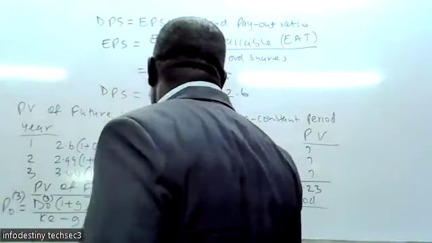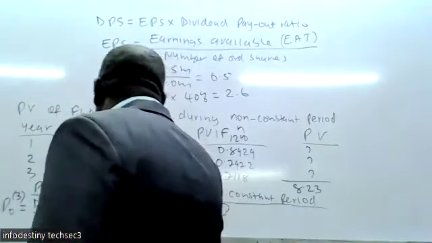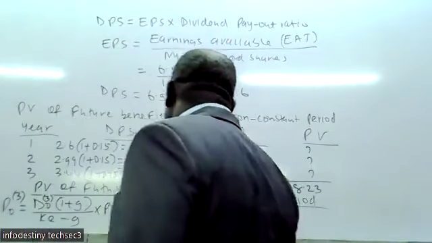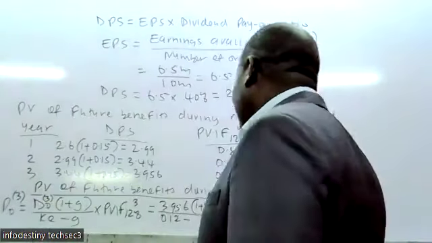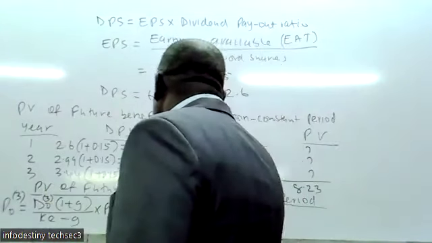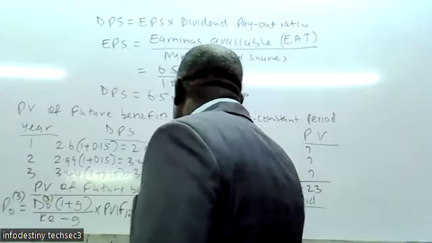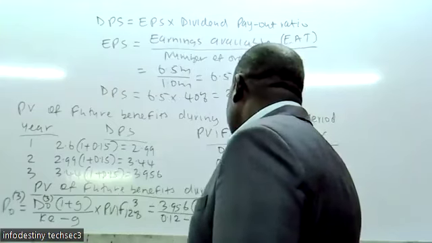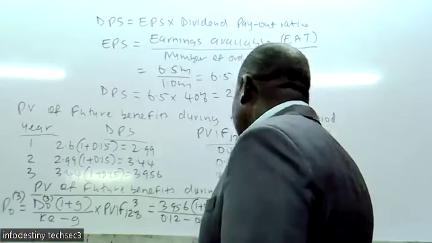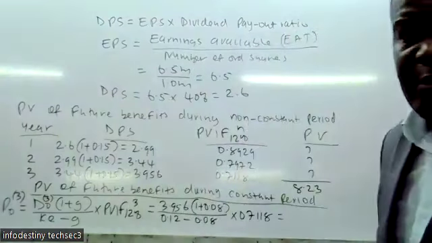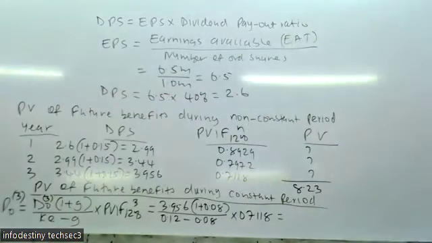So Ke is the 12%, 0.12. Then we also have g, which is 0.08. Also multiply by 0.7118. So that should give you the value of the share.